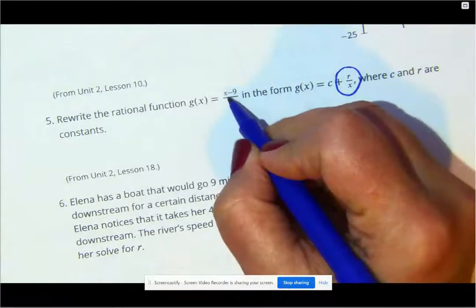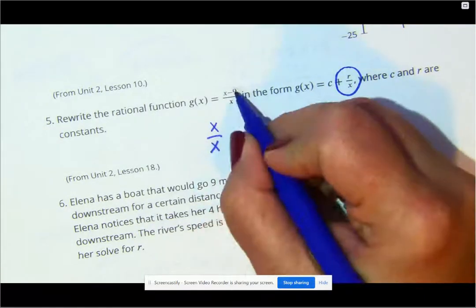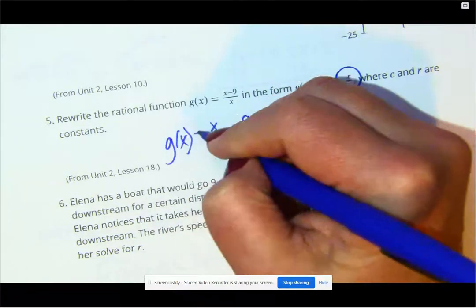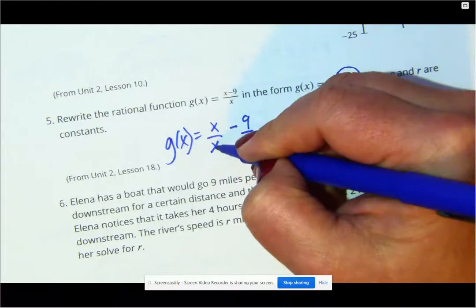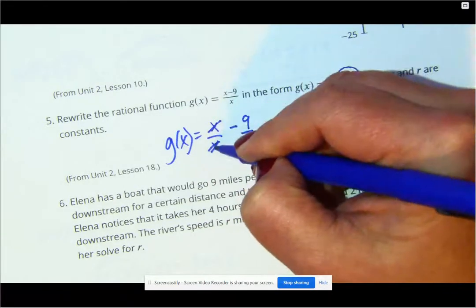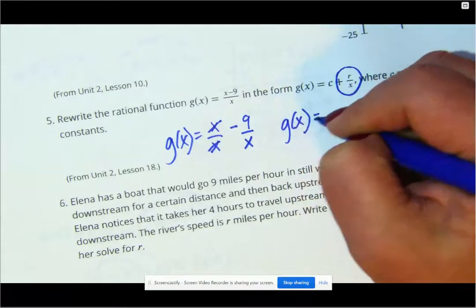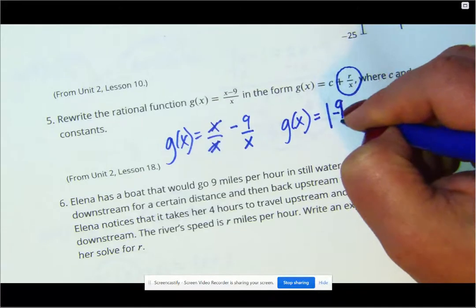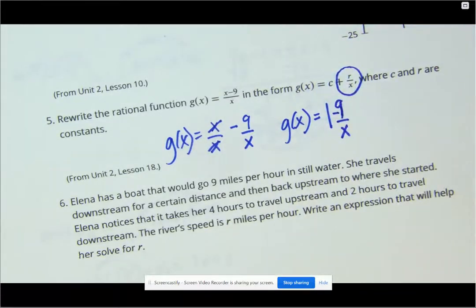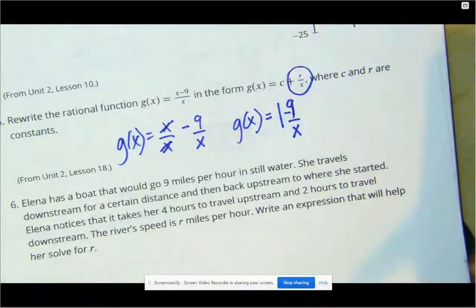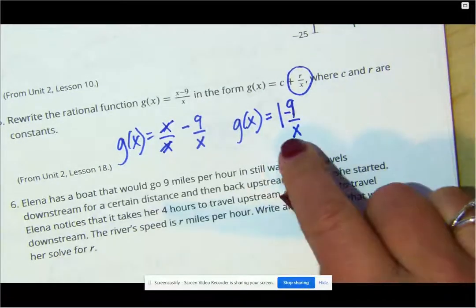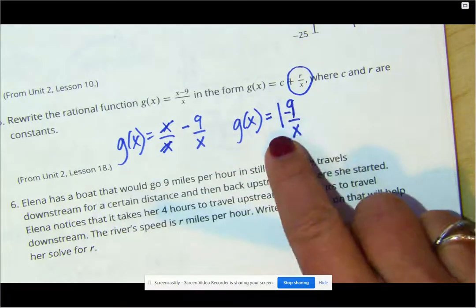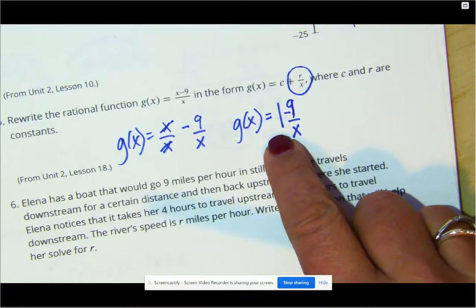So we have x over x minus 9 over x. But notice x over x, what does that cancel to? Something divided by itself is 1. So this is actually 1 minus 9 over x. And if you were to graph this, or if you were asked, which you will be on your quiz, that constant, that number you get, is the horizontal asymptote that the graph is approaching.